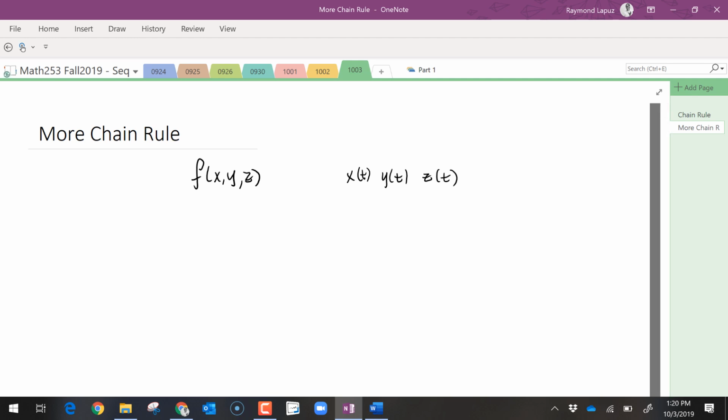Well, it kind of just makes sense that you just tack on another one. So the formula that we come up with would be, again, a function of just t. So we're looking at the derivative of f with respect to t. And the d's, again, are straight derivative d's. And so it's the derivative of f with respect to x times the derivative of x with respect to t.